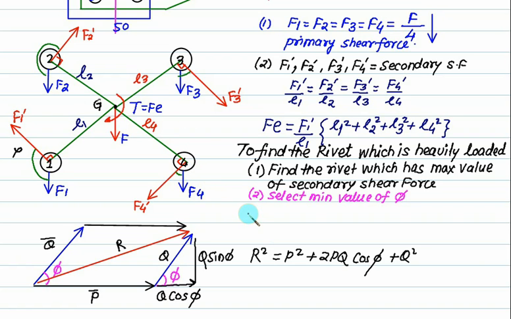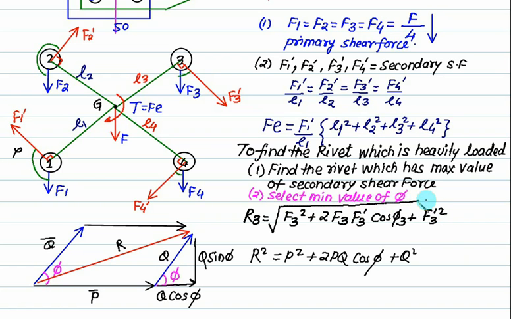So we can calculate the resultant value at rivet 3 using the same equation: R3 equals the square root of F3 square plus 2 times F3 into F3 dash into cos of phi 3 plus F3 dash square.